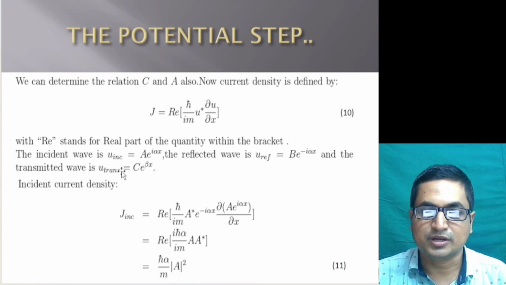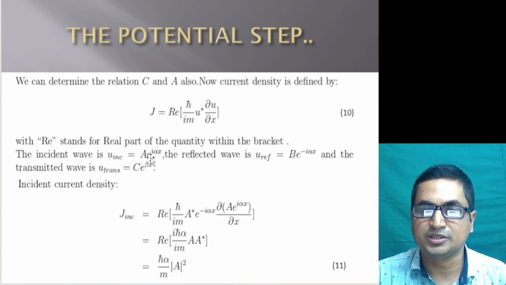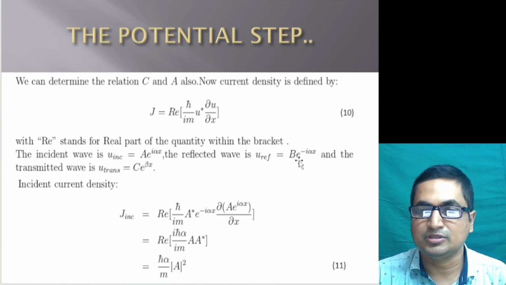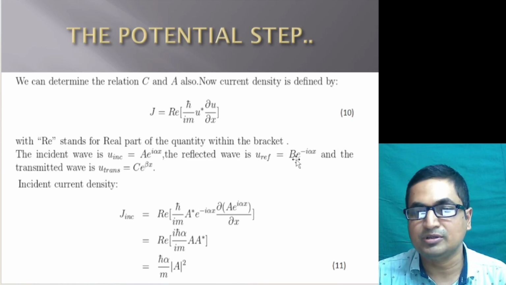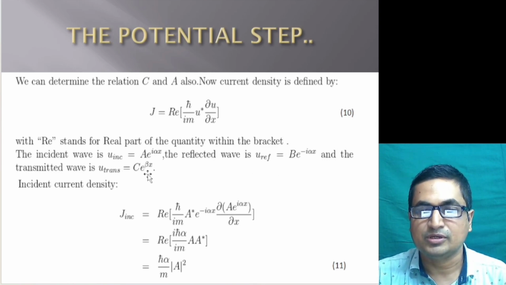Now, considering the incident wave as this, because this A e to the power i alpha x is simply representing a wave moving from left to right, the incident wave, and then this B e to the power minus i alpha x, which is representing a wave moving from right to left, that means it's a reflected wave in region 1. And then in region 2 we have a wave like C e to the power i beta x, which is moving from left to right, that is going in the plus x direction.